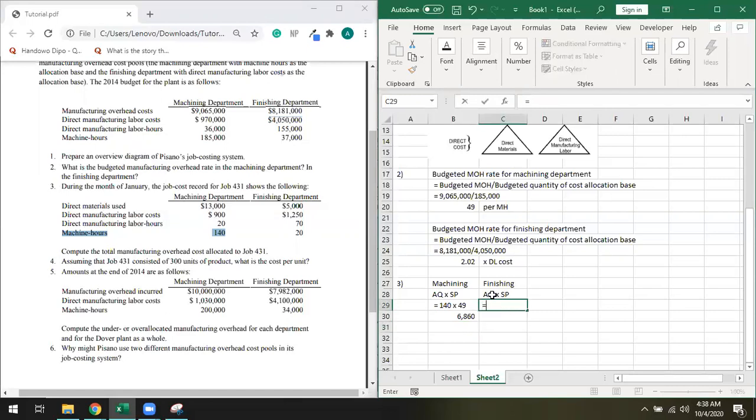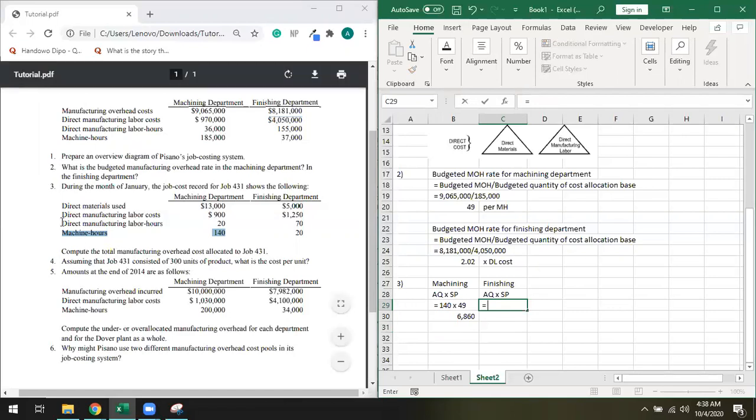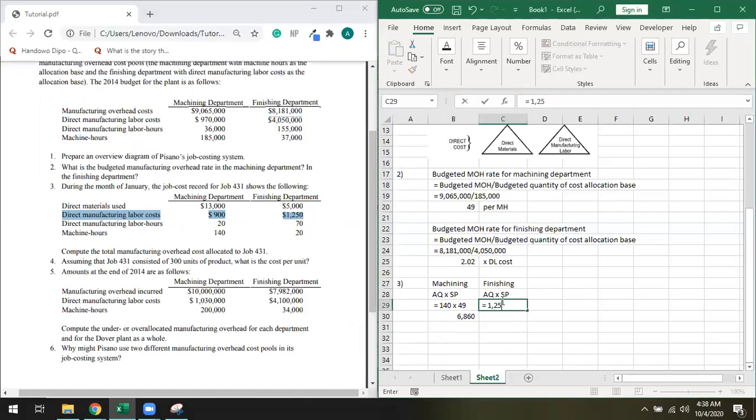For finishing department, we have to find the actual quantity of cost allocation base. The cost allocation base is the direct manufacturing labor cost in finishing department. So here we have $1,250 labor cost times 2.02. The standard price is the same as the budgeted manufacturing overhead rate for finishing department.